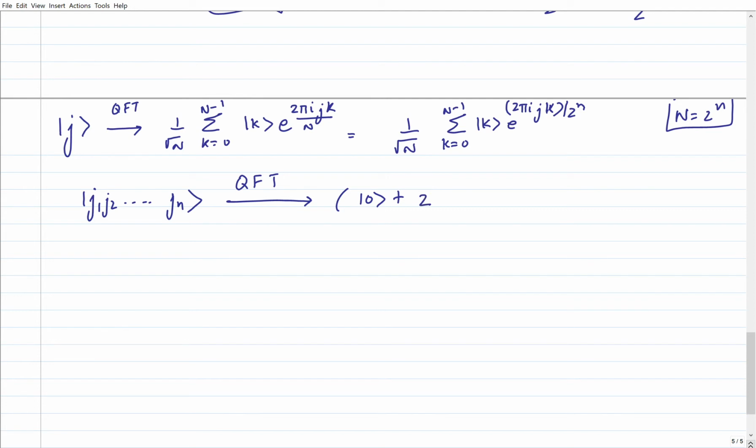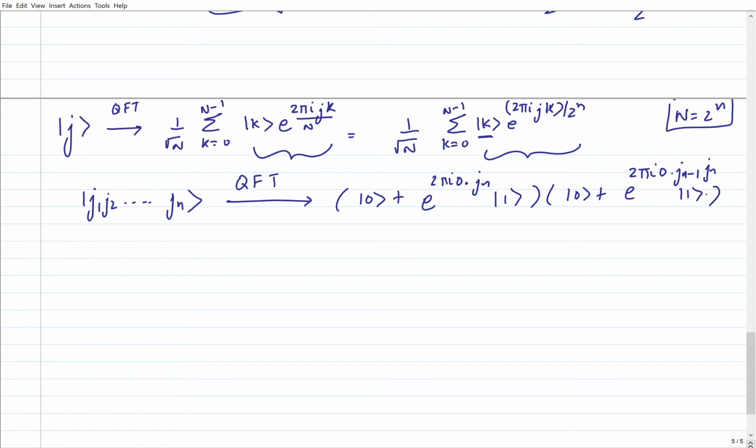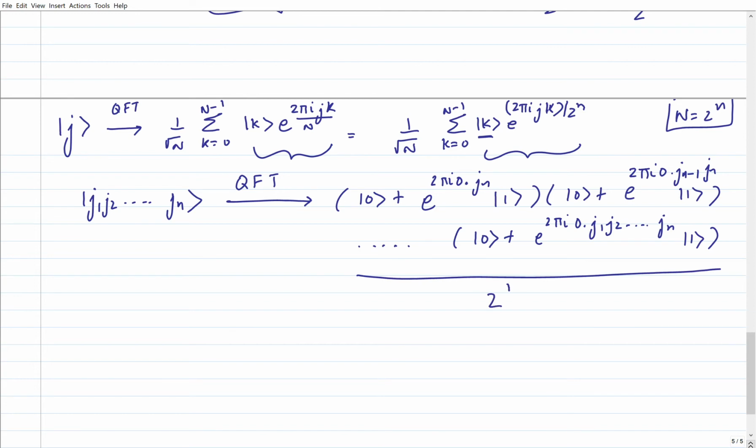this is a very important step. We are going to prove this, but when you simplify this and express k also in its binary representation, this is going to turn out to be so.